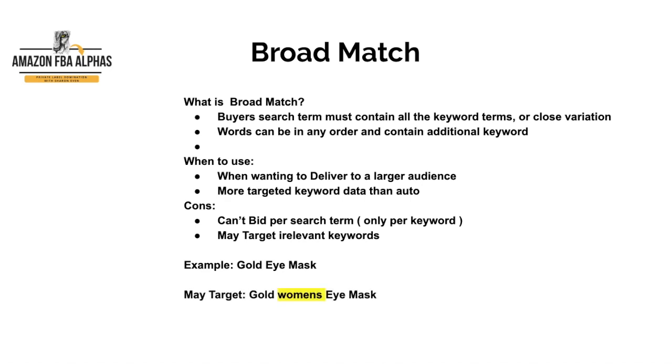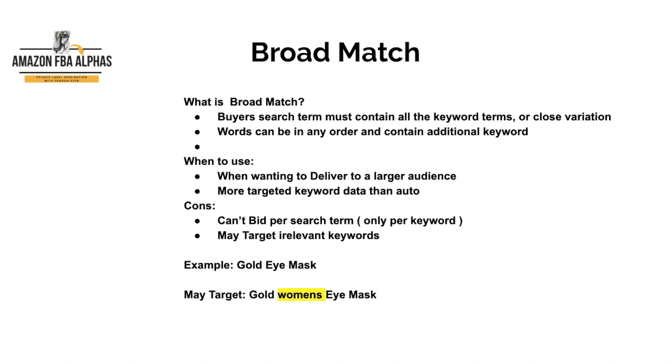So the difference between broad and phrase match is that Amazon can put additional keywords in between the keywords that you actually put. So for example here, you're targeting gold eye mask.